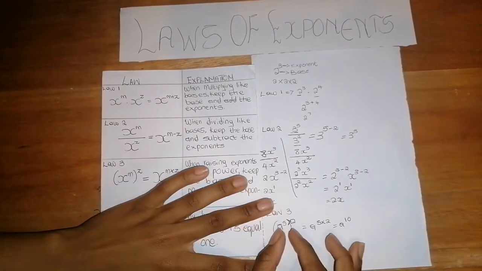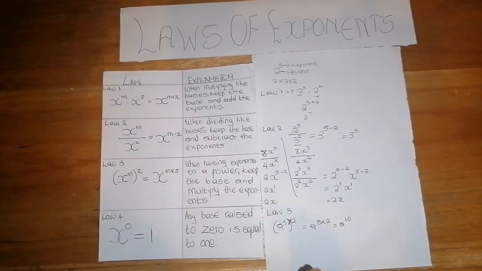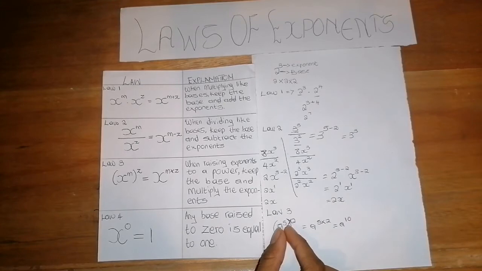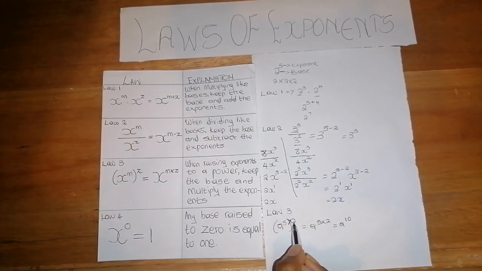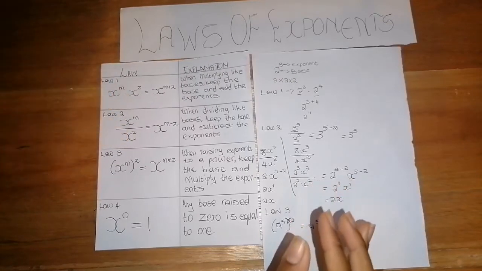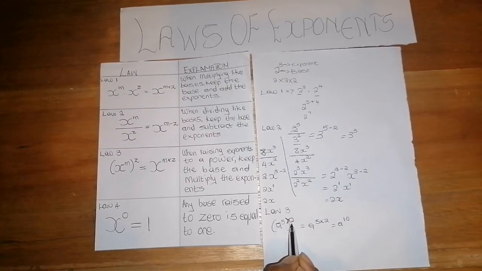Another way we can interpret this, to make it more understandable, is by saying this. As you can see, this whole term, a to the exponent 5, is raised to the exponent 2. I said in the beginning that the exponent tells us how many times the term must be multiplied by itself.